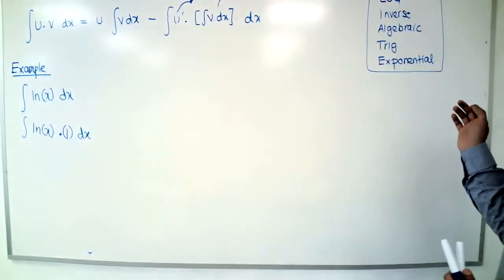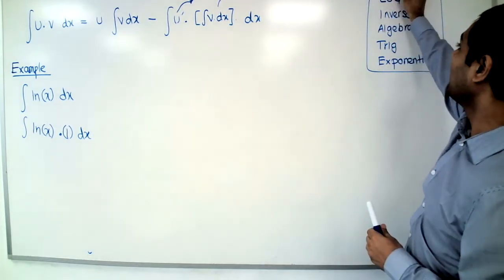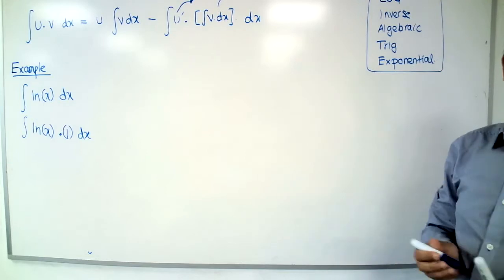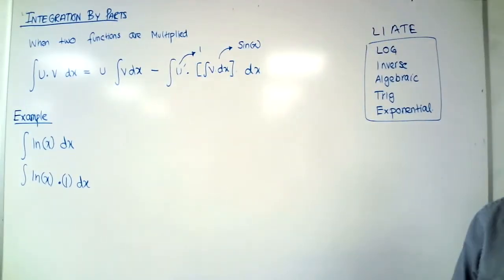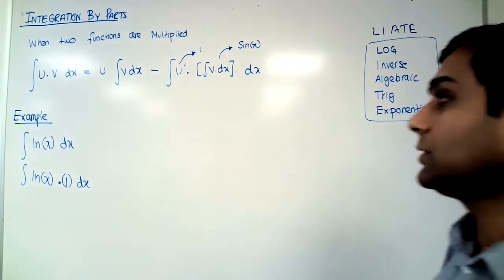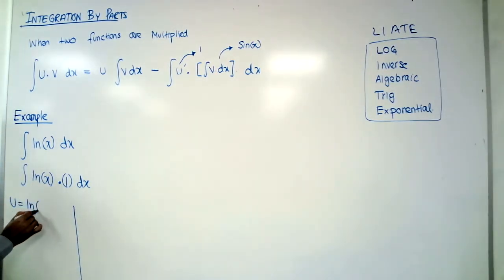If I look at this LIATE, L-I-A-T-E, on this one, logs, ln is a log, is my u. So let's use that one. u is ln x.